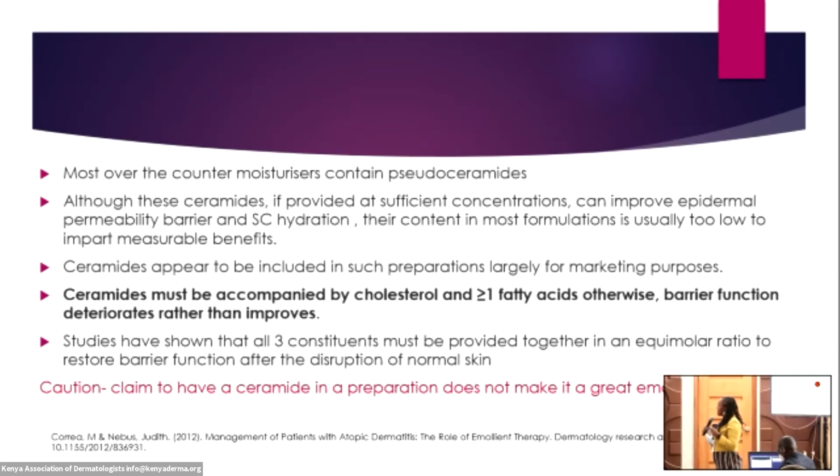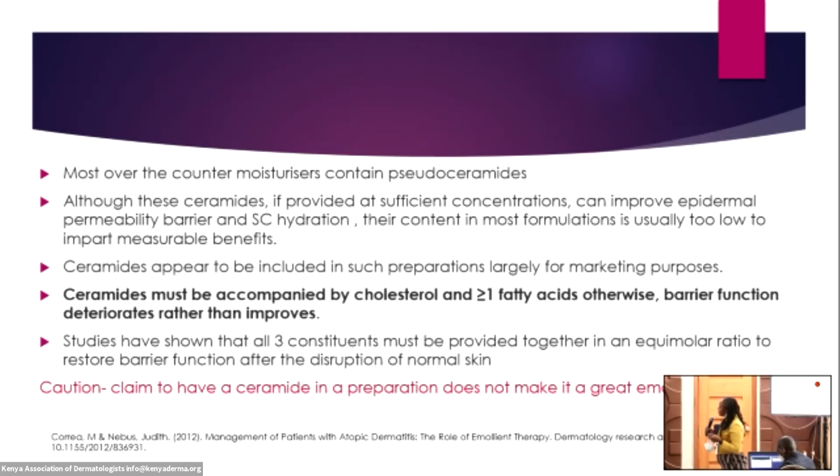The problem is that most studies have found the amount of ceramides put in most of the commercial products is actually not enough. So probably, even though it says it has a ceramide, you're not getting the benefit from the ceramide itself because it's not enough. So now it's become like a marketing gimmick.